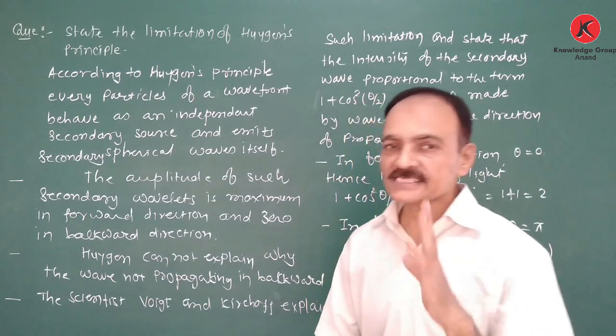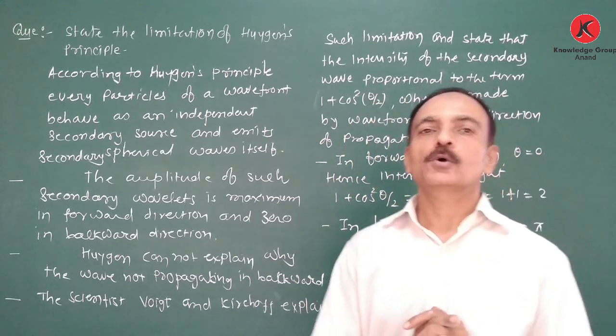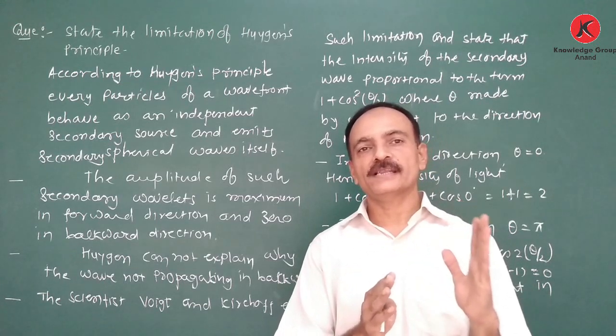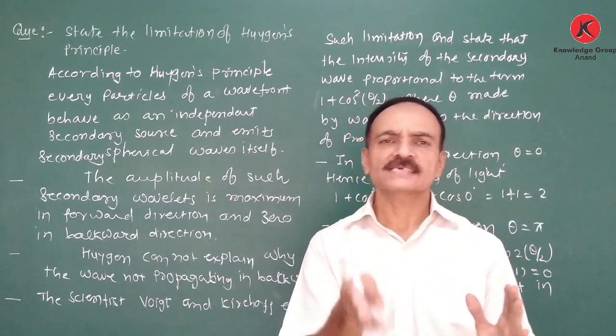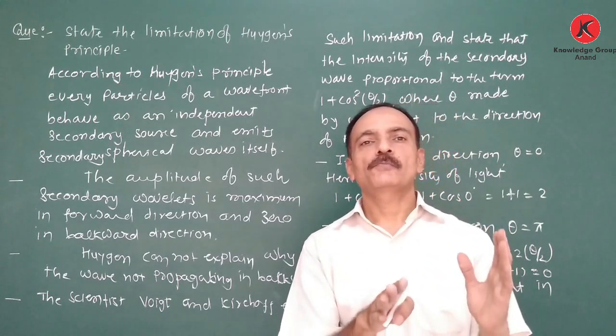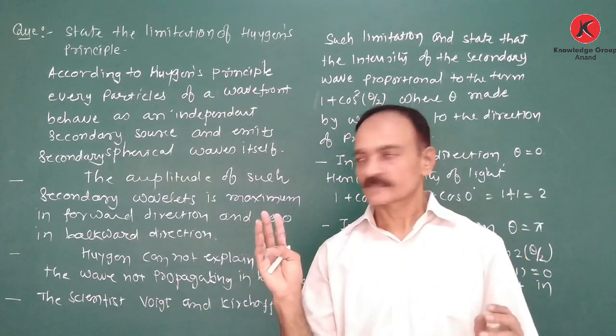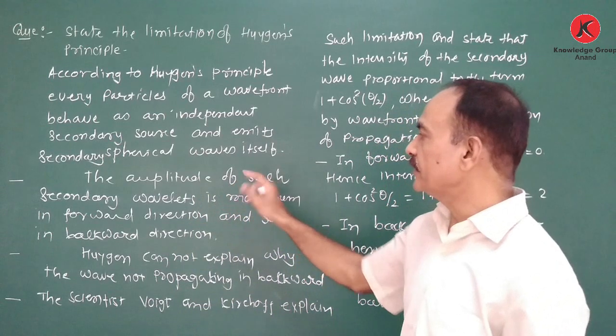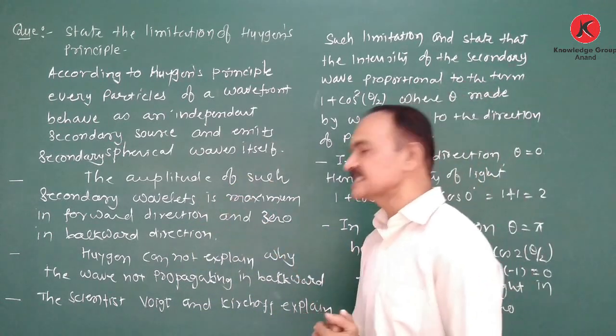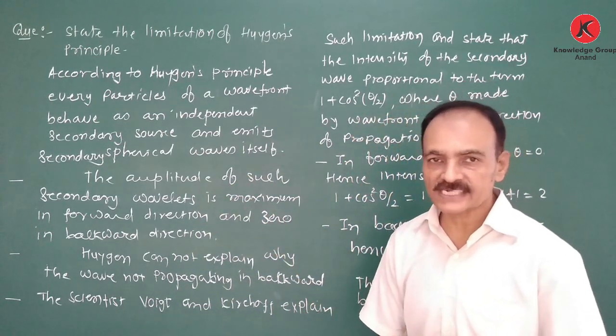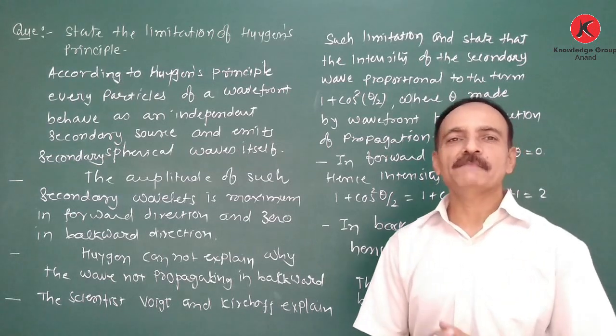Here is the limitation of the Huygens principle: we obtain the wavefront only in the forward direction, that means in the direction of propagation of the wave, not in the back direction. The amplitude of such secondary wavelets is maximum in the forward direction but zero in the back direction.